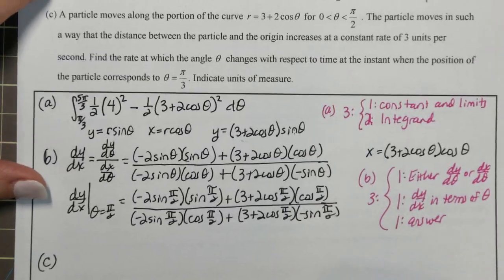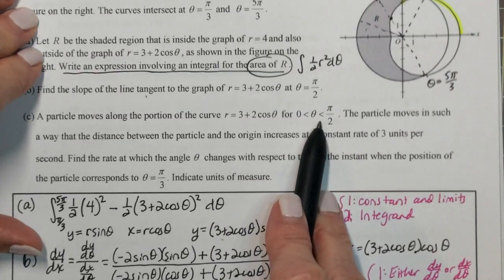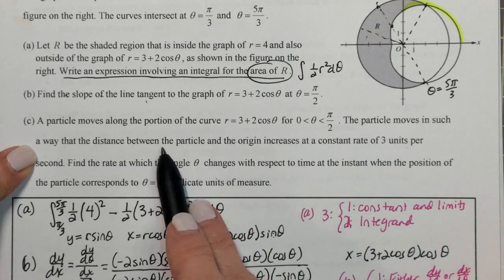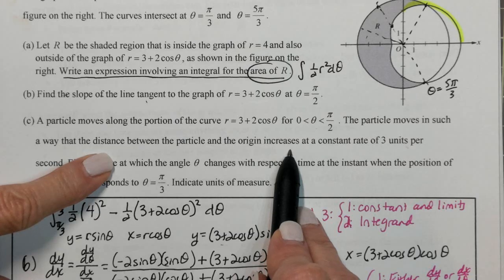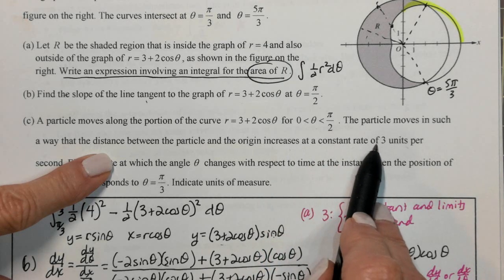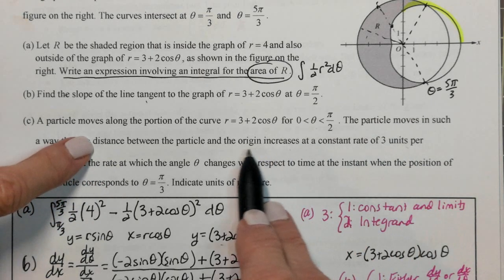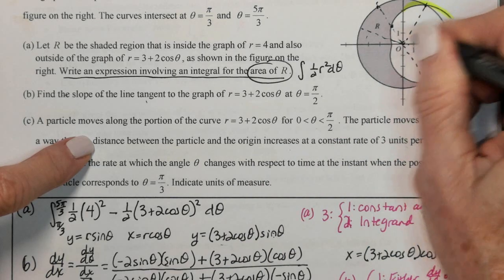Okay, part C. So here we are in the first quadrant on that curve. The particle moves in such a way that the distance between the particle and the origin increases at a constant rate of 3 units per second. The distance between the particle and the origin is r.